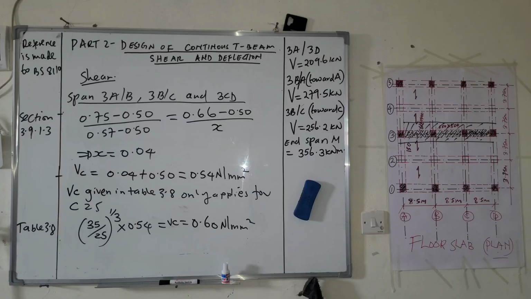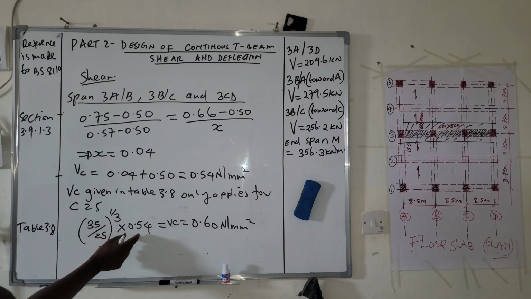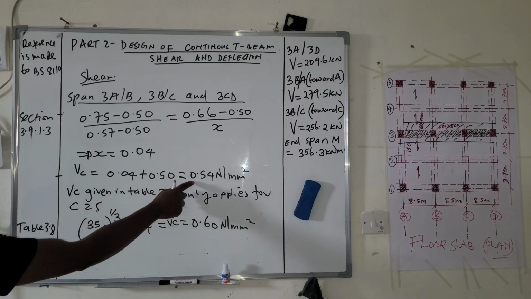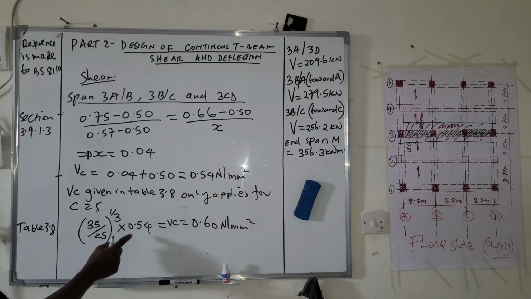For any other classes, you always take the class given in the question over 25 raised to the power a third times the value obtained in table 3.8, for example, 0.54, and you will get your Vc. So I'm sorry for that. It was a small mistake and I think you can correct it.